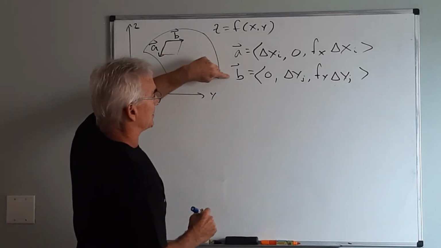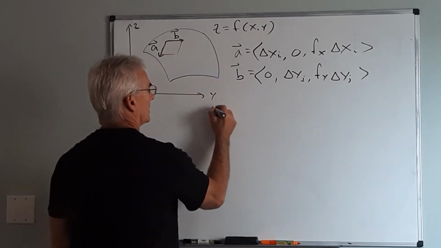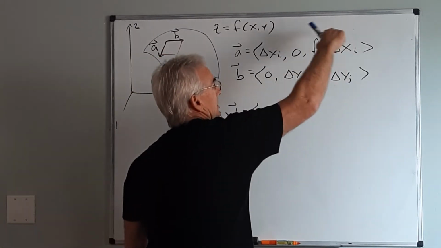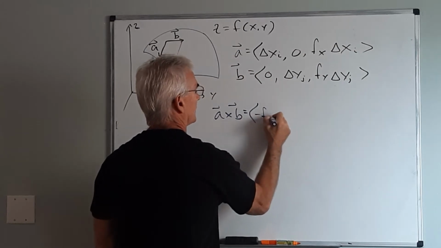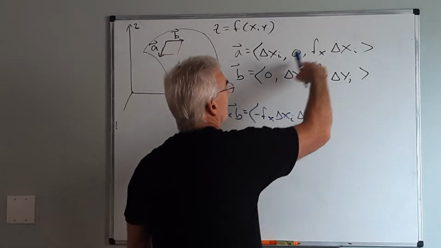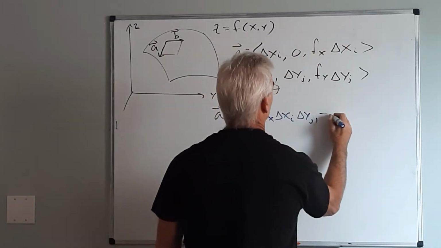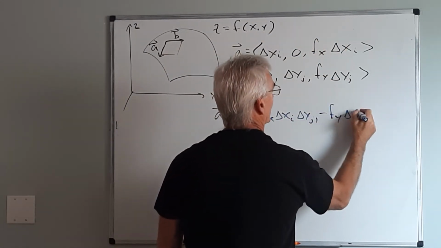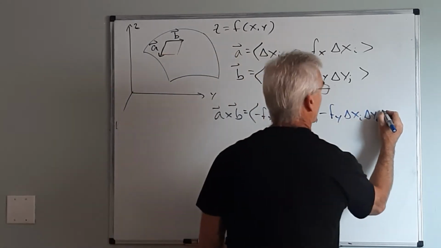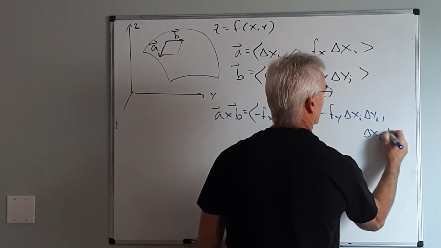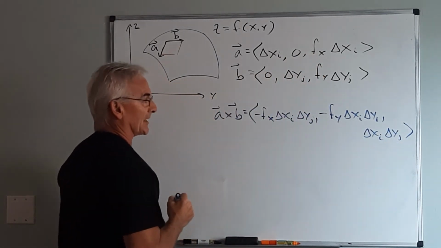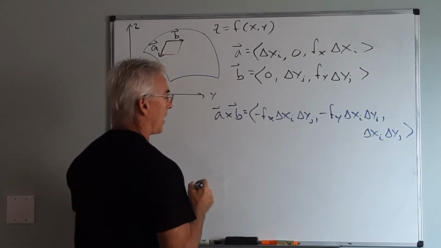So now that we've established what A and B are, A cross B would simply be this: negative f_x delta x_i delta y_j, negative f_y delta x_i delta y_j, and finally just delta x_i delta y_j. You notice we can easily factor out the delta x_i delta y_j term, which would be positive.